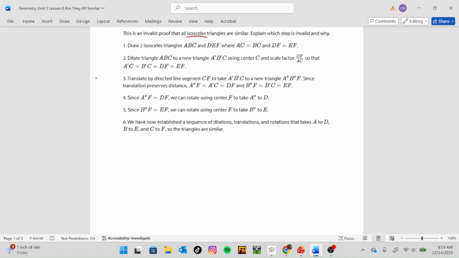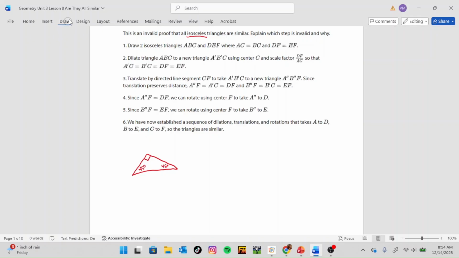A couple of common ones that we could draw here would be a right triangle where we have a 90-degree angle and two 45-degree angles.